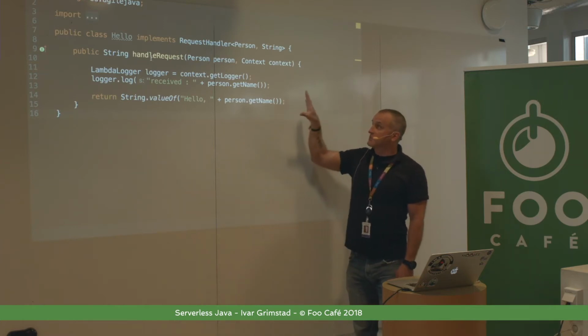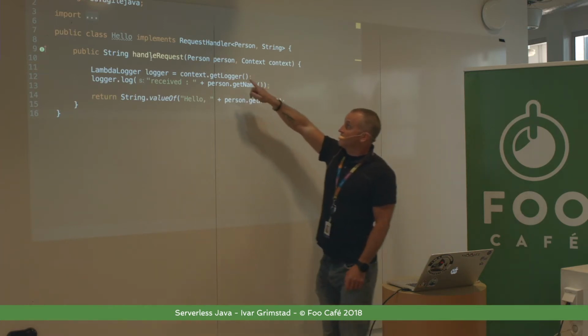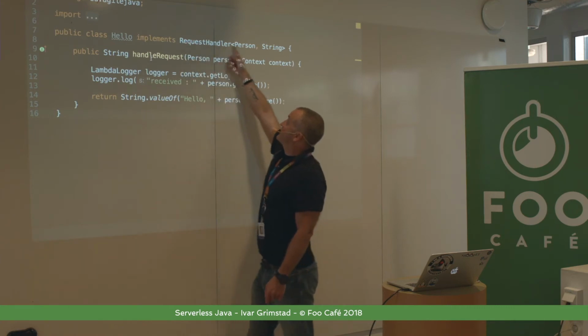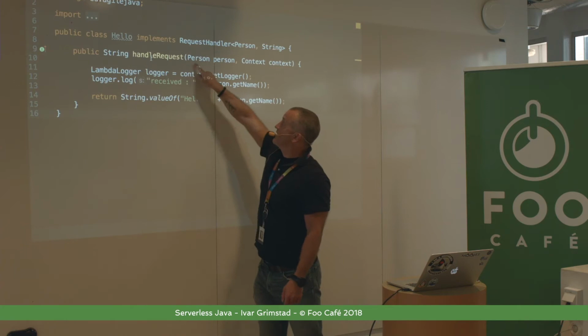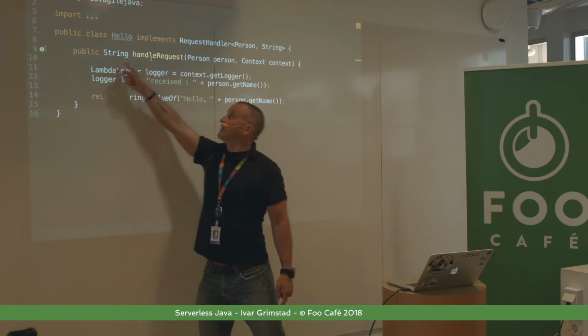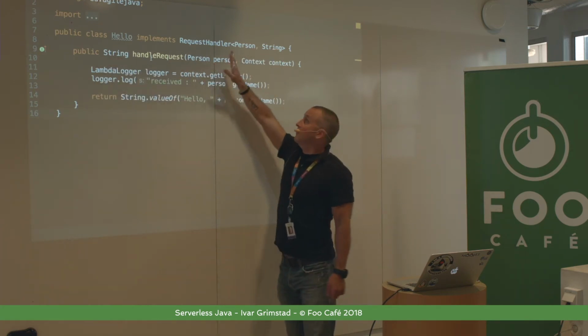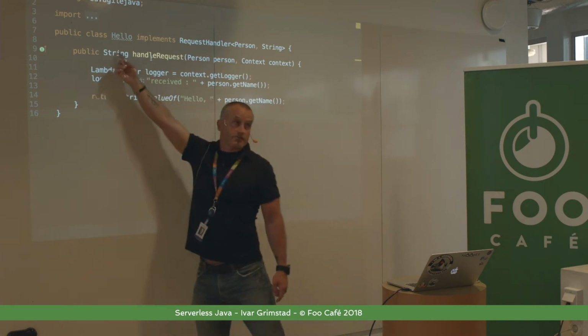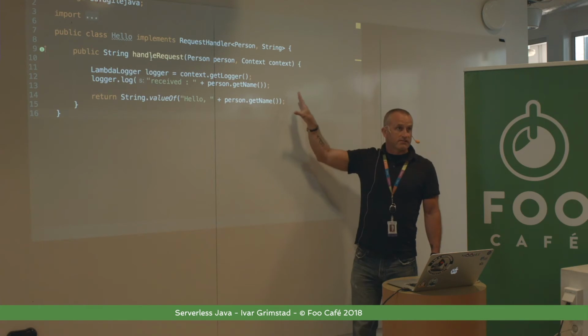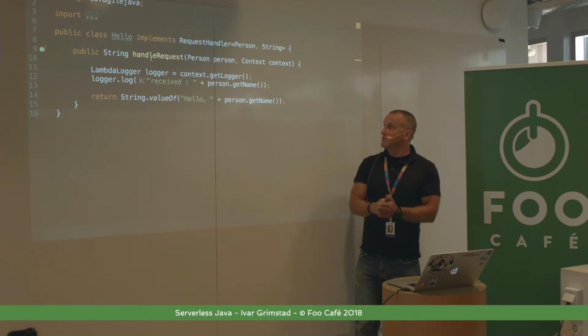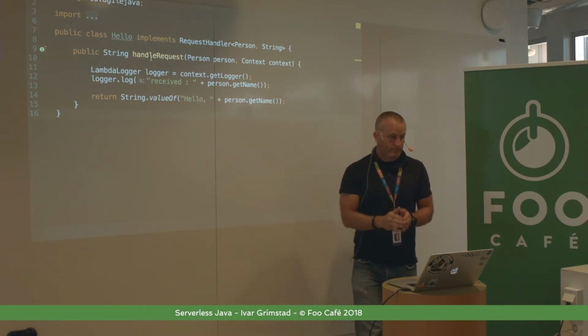So you see, it's super simple. This one is implementing the request handler of person to string, and that means the method takes in a person and returns a string. I could have returned an object here as well, or just omitted this one, and for string I don't need anything. I can just have an int in or something. So it's pretty simple to write that code.